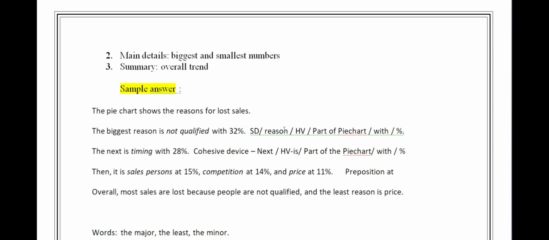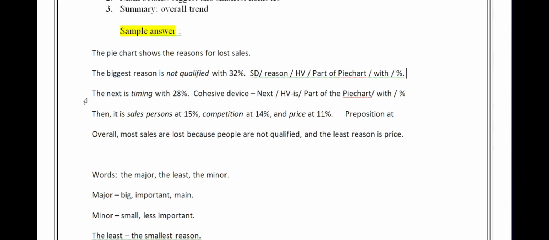Then it is the helping verb, which is the word is. Then it is the part of the pie chart, whatever you are talking about. So here we are talking about not qualified. Okay, what is it? With, and then you speak about the percentage. So it is: the biggest reason is not qualified with 32%.